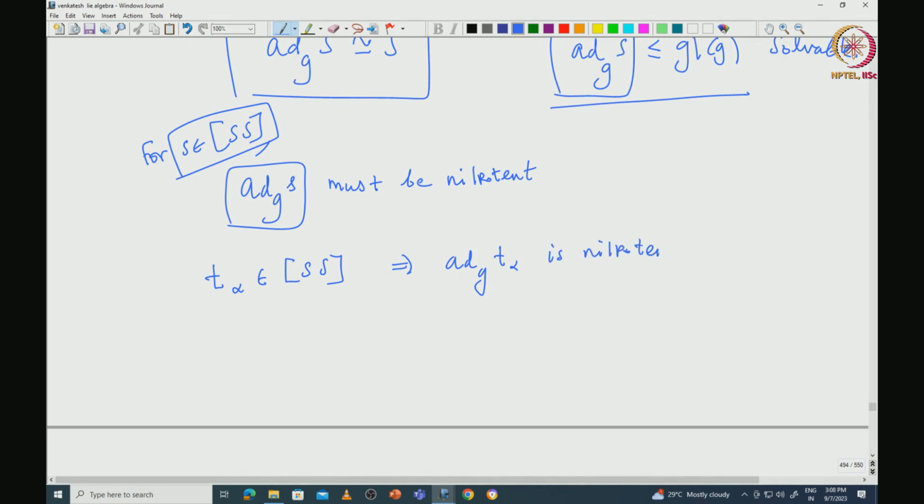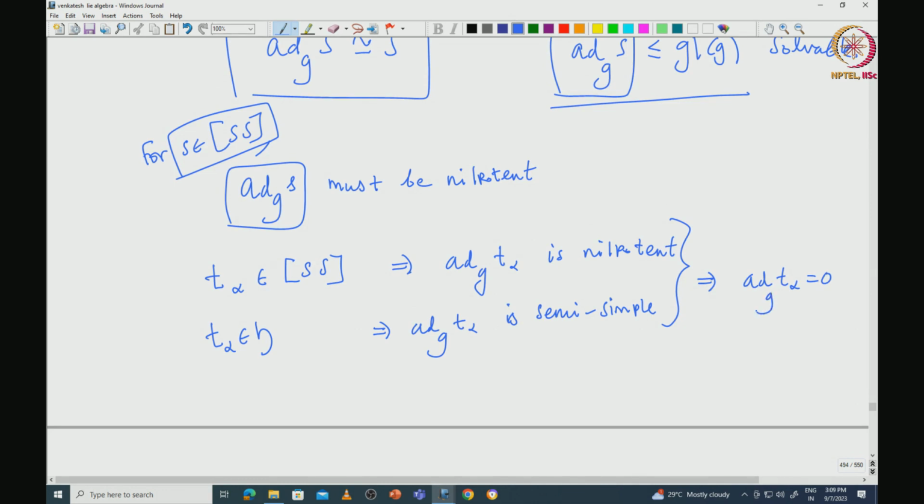But since this T alpha is coming from your Cartan, that implies ad_g T alpha must be semisimple. So, you have an element which is both nilpotent and semisimple inside GL of g.